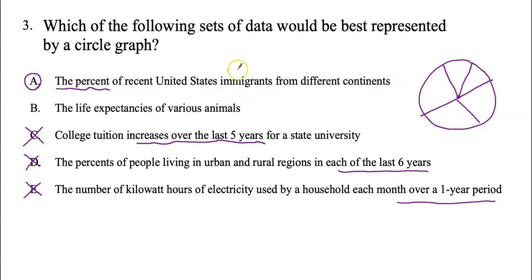So that would be ideal for a circle graph. And B, I'm just going to eliminate it because it didn't have the word percent in it. I'm not going to get into too much detail as to why this wouldn't work. So that's a great test taking strategy I did right there using the process of elimination.